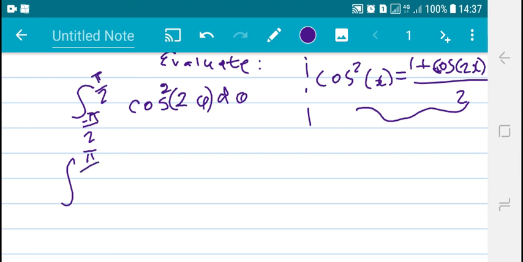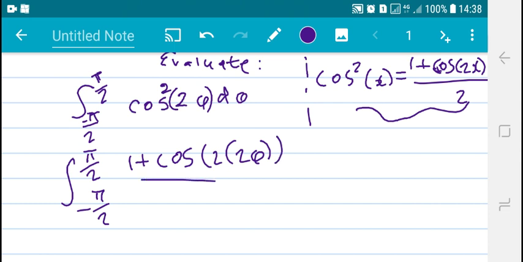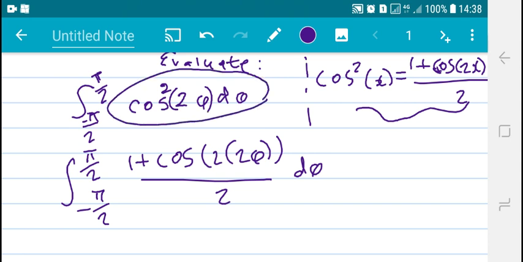So from negative pi over 2 to pi over 2, the integral of 1 plus cosine of 2 times the angle, which is 2 theta, over 2 d theta. And now we notice that, if we go back to this integrand, this should be an even function.